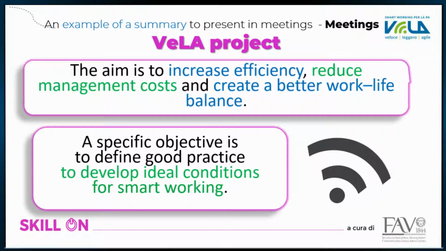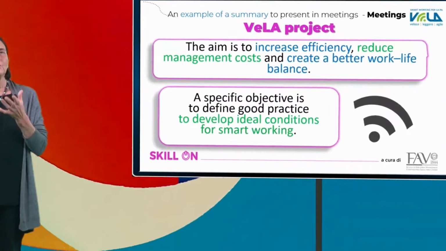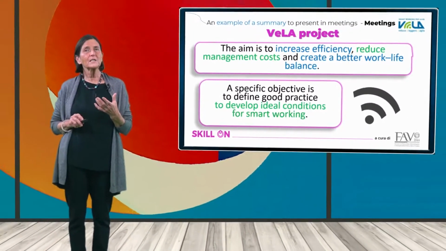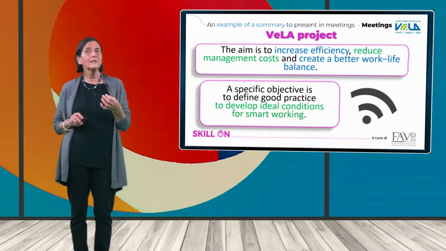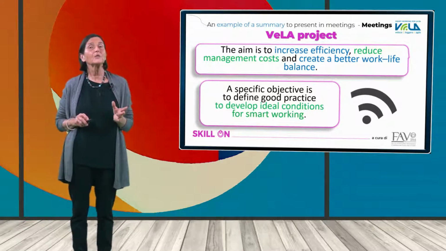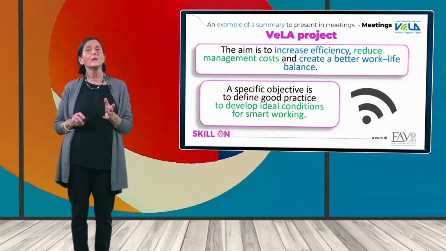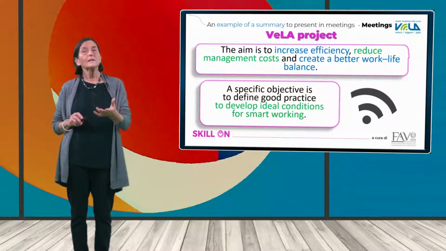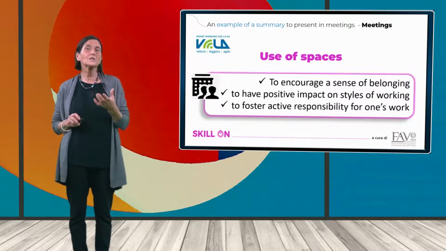And this is a way that you're reflecting the human aspect of work. So you have the symbol of connectivity, and then also, or to be precise, is another way you can link. To be precise, a specific objective is to define good practice to develop ideal conditions for smart working.